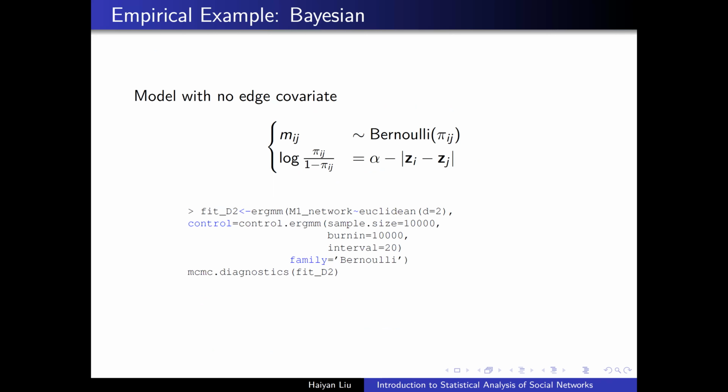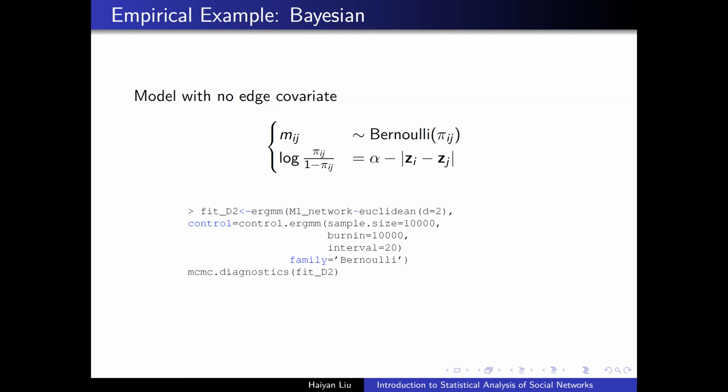We could also fit the model using Bayes, and we use the same function, still including the 2 dimensions, and the default one is Bayes. Then we need to set up the control factors. For instance, how many samples we want to keep in the analysis, how many iterations at the beginning we will discard as the burn-in period, and what the thinning interval is.